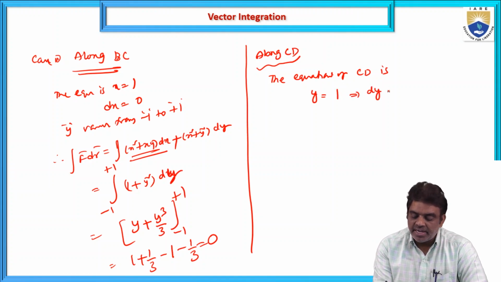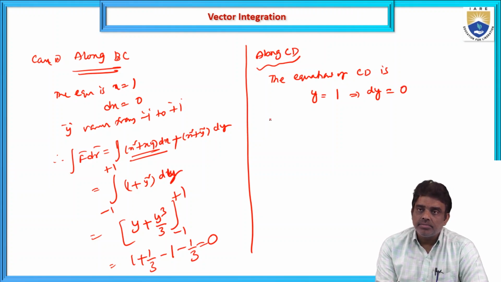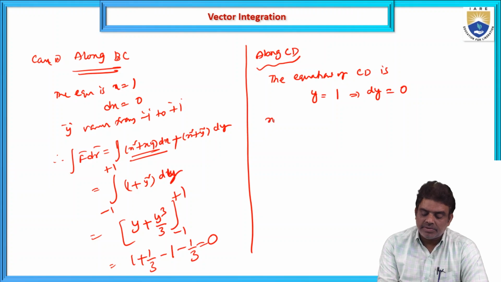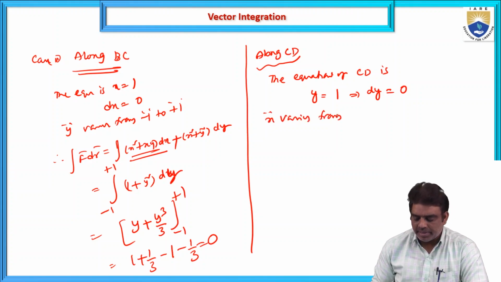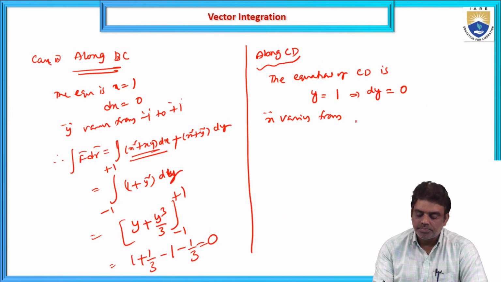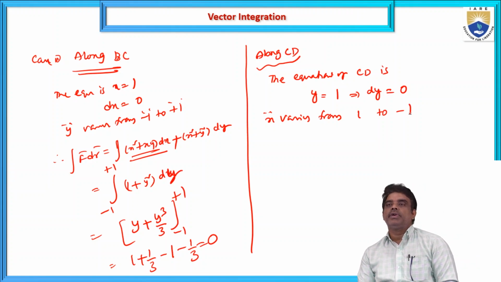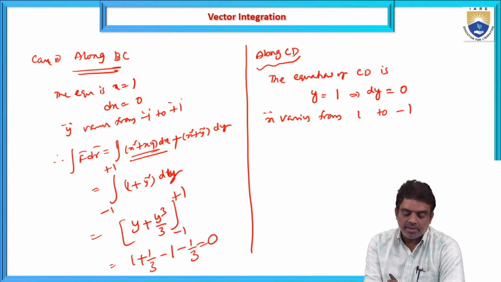So what will be dy? dy is equal to 0. But here x is a varying factor. x varies from 1 to -1.